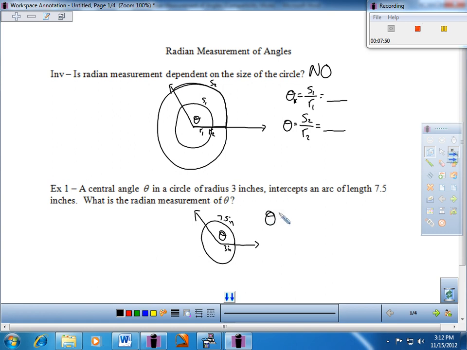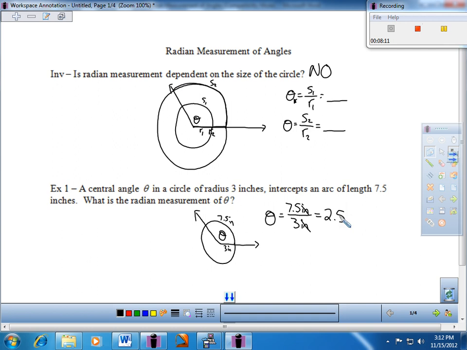It's pretty straightforward at this point because we know our theta is just a ratio of the arc length to the radius. So in this case, I have my 7.5 inches, and I'm going to divide that by the 3 inches right here. You can see, again, the unitless piece: inches cancel, and I end up getting 2.5 as a value, and that's it. You can write this a couple different ways.